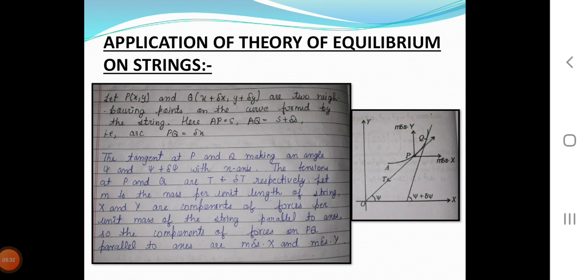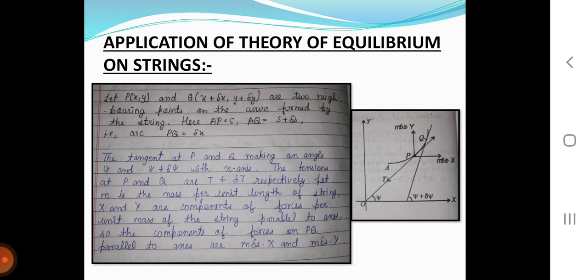Now our next topic is application of theory of equilibrium on strings. In the figure you can see that there are 2 points P and Q. We have to check whether it is in equilibrium or not. For this, let P(x, y) and Q(x plus del x, y plus del y) be two neighboring points on the curve formed by the string.